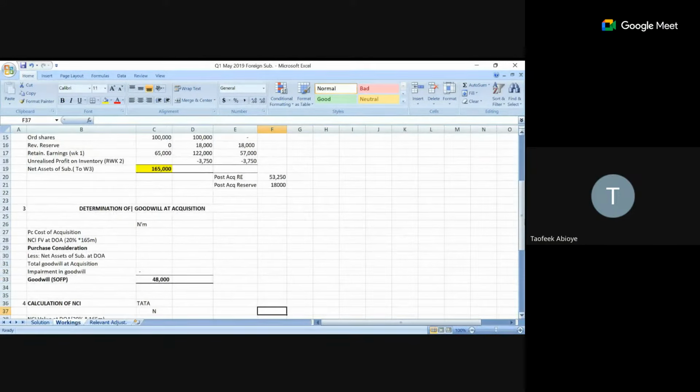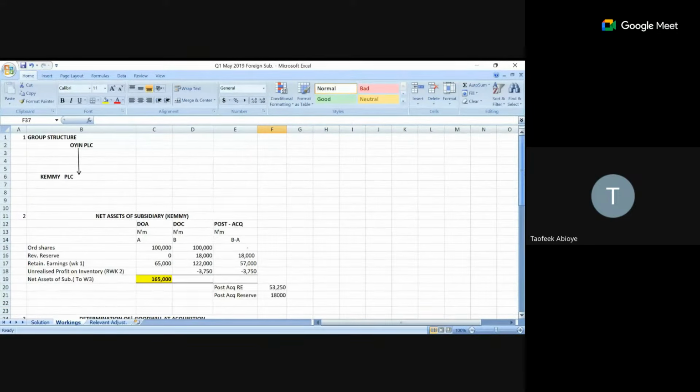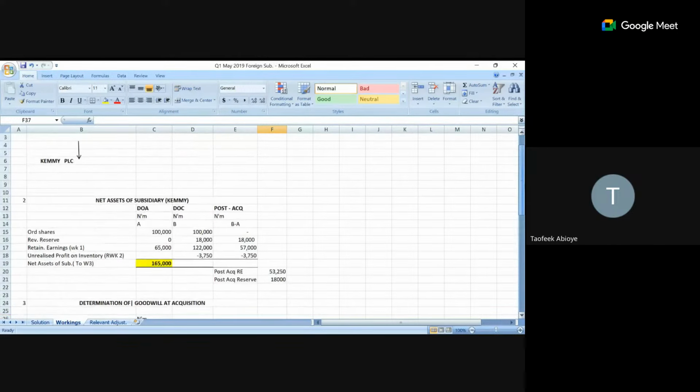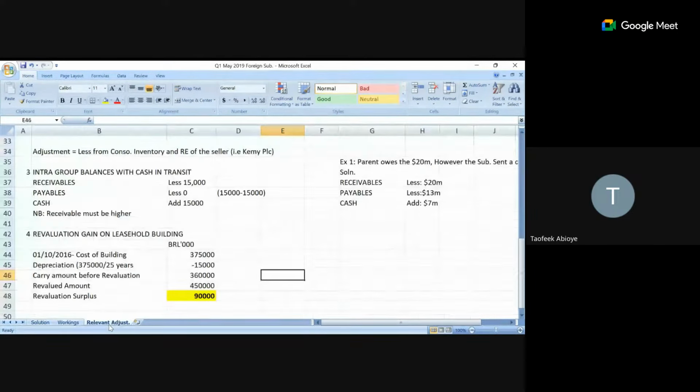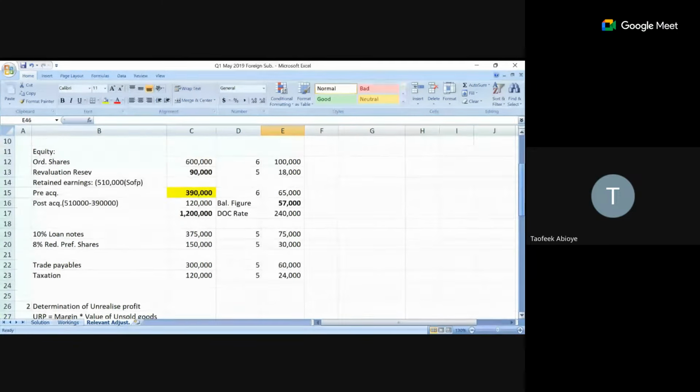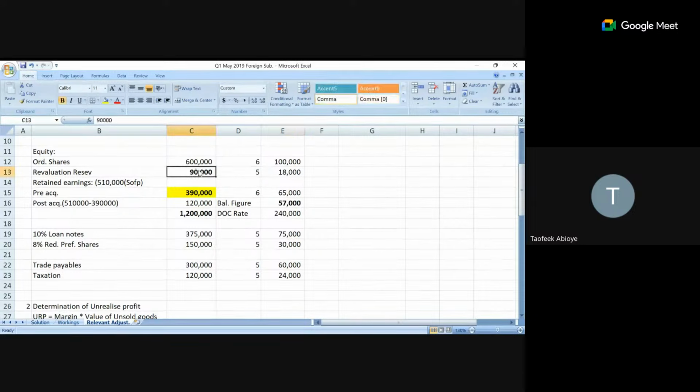Let me show everybody. Can we see? Where's our translation? When we were translating, I saw 90,000. So this is it, and that is why they said it has been included.